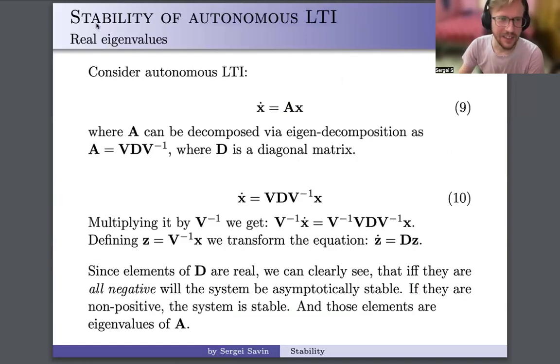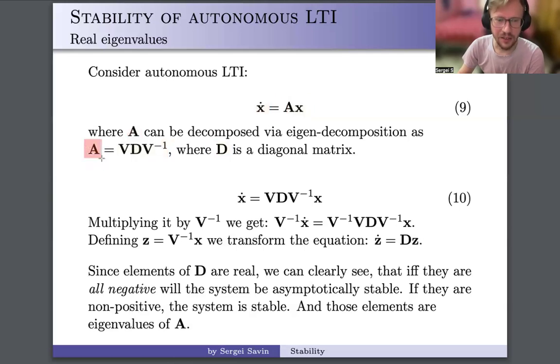Now let us consider a much more general case. X dot equals AX, so still autonomous LTI. We discuss stability for autonomous LTI again. But now we only assume that A has an eigendecomposition of this form, where D is a diagonal matrix. Let me be careful what this means.